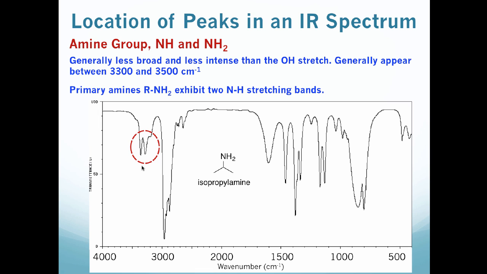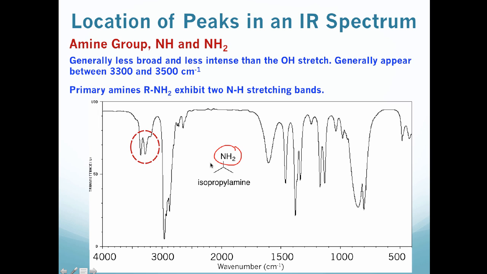So just based on the wave number, they're difficult to tell apart from an OH, but by looking at the shape of the peaks, usually it's pretty easy to tell. So here we have an NH2, part of isopropylamine. And you can see that they're in the same region as the OH, but they're much less intense and they're sharper peaks. So you'll generally see that with amines.